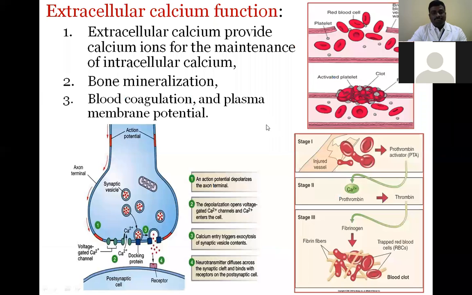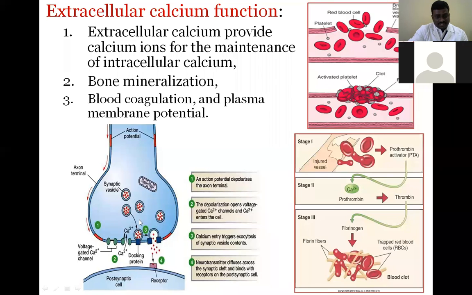Extracellular calcium functions. Here, extracellular calcium provides calcium ions for the maintenance of intracellular calcium. I already explained this. Intracellular calcium in the neuron participates in the transport of synaptic vesicles from the nerve into the synaptic cleft.